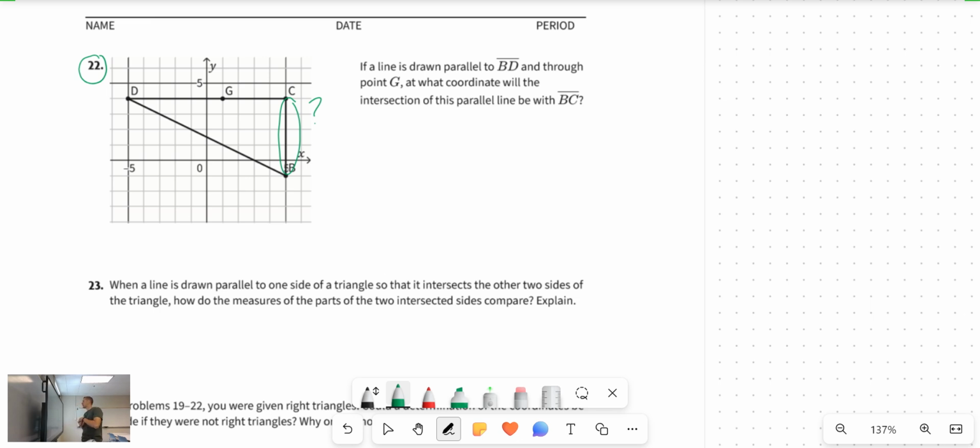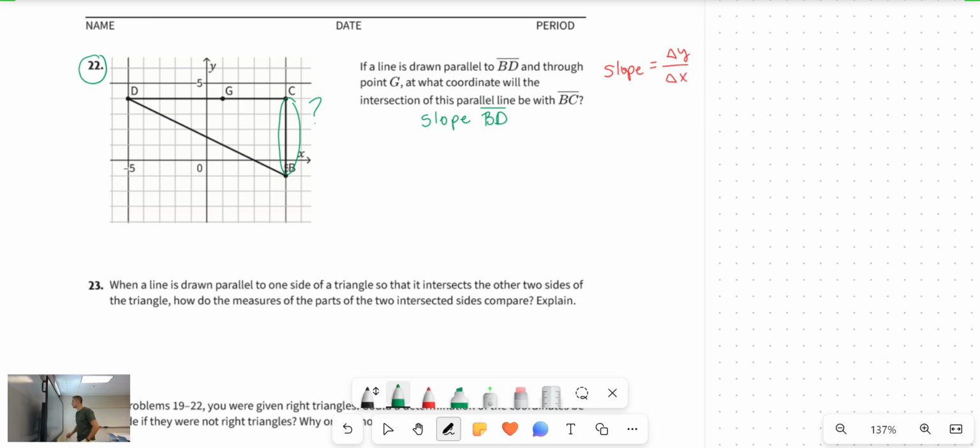So if a line is drawn parallel to BD, well, let's first figure out our slope of BD. What is our slope of BD? And remember, slope equals the change in y divided by the change in x.